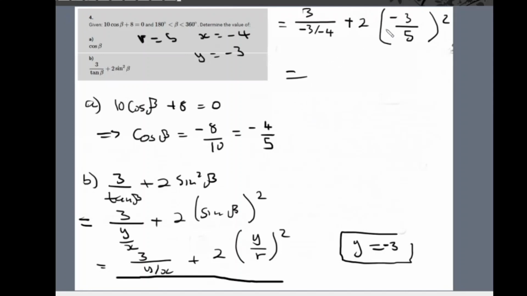Sine squared beta is just sine beta squared, right? And sine beta is y over r, and y over r is -3 over 5.